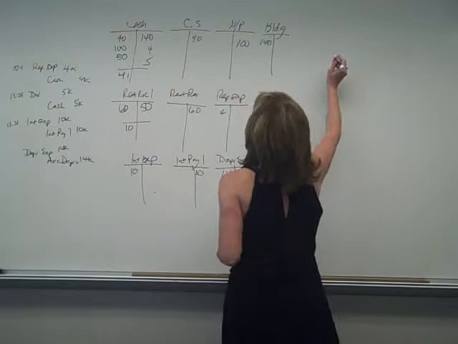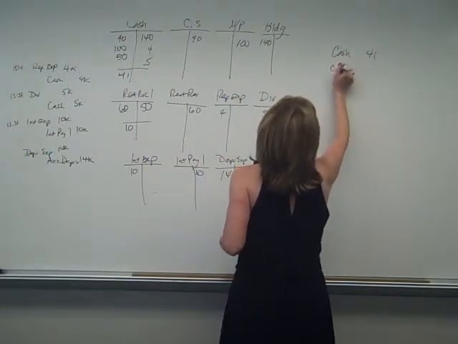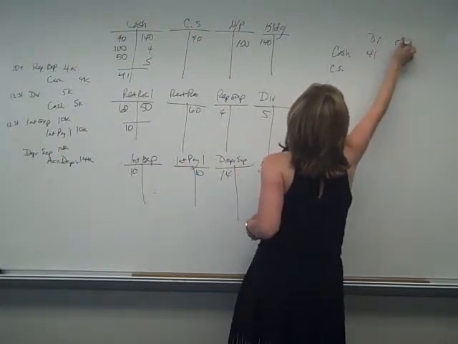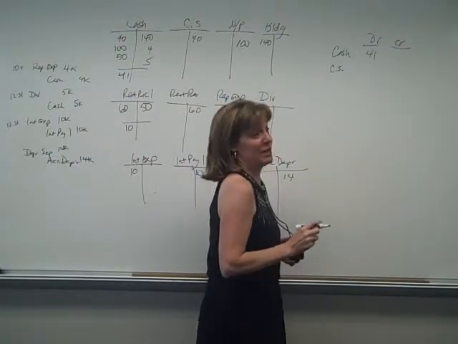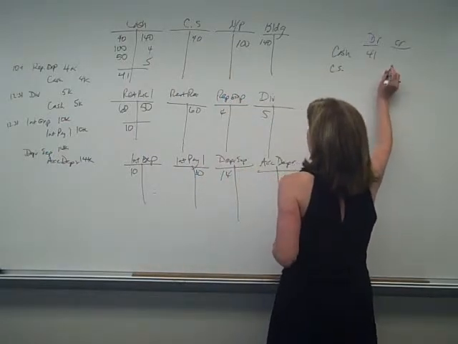Okay, so now we're gonna do a trial balance. Cash, 41. Common stock, these are my debits, these are my credits. This is chapter 3, after chapter 2 of Principles of Accounting, where you pull your trial balance.